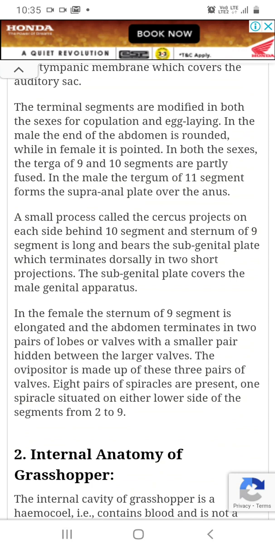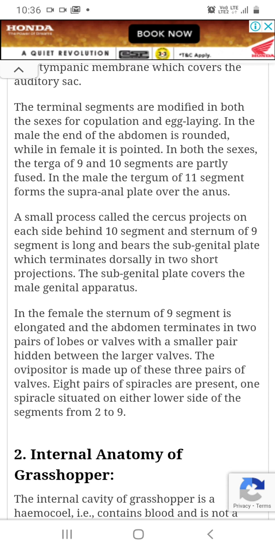Similarly, in female, the sternum of 9th segment is elongated and the abdomen terminates in two pairs of lobes with a smaller pair hidden between the larger pair of lobes.